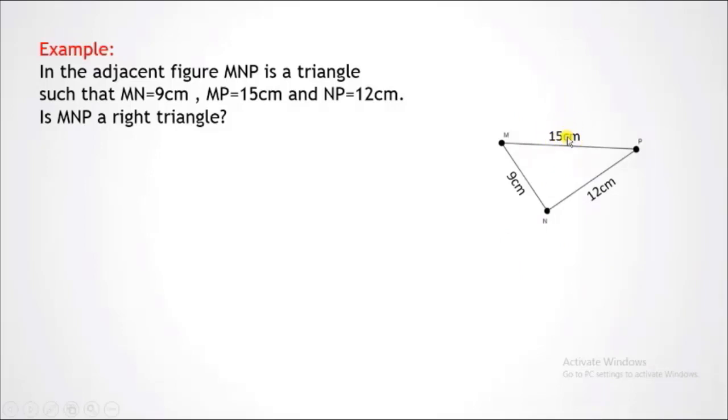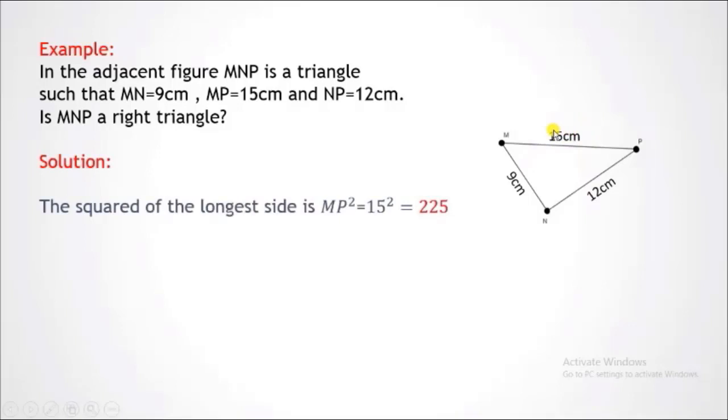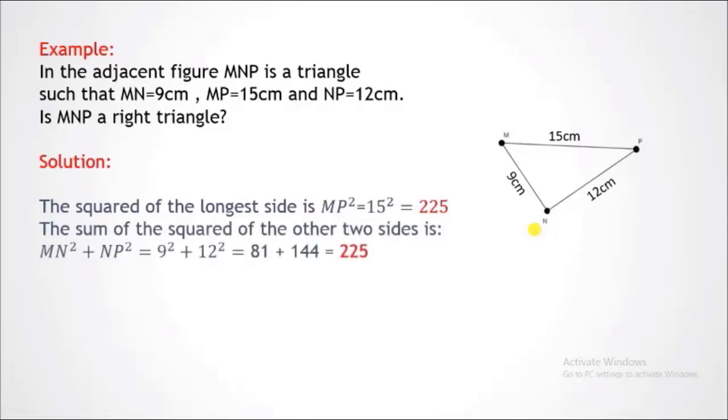So first we have to find MP squared. The square of the longest side, MP squared, is 15 squared, which is 225. Now we have to find MN squared plus NP squared. The sum of the squares of the other two sides is 9 squared plus 12 squared, 81 plus 144, which is 225.